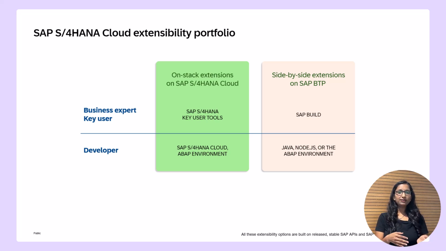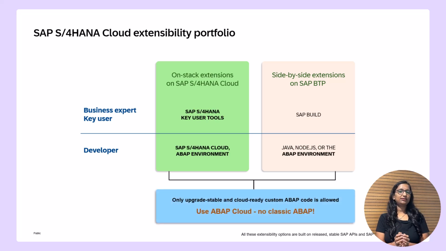These APIs can be released for key user extensibility, for developer extensibility, or for both. Side-by-side extensions can access SAP S/4HANA Cloud business objects through remote SAP APIs. In addition, side-by-side extensions on the SAP BTP ABAP environment have access to the exposed local public interfaces of the underlying ABAP platform stack.